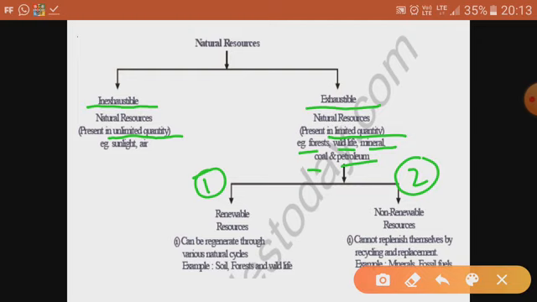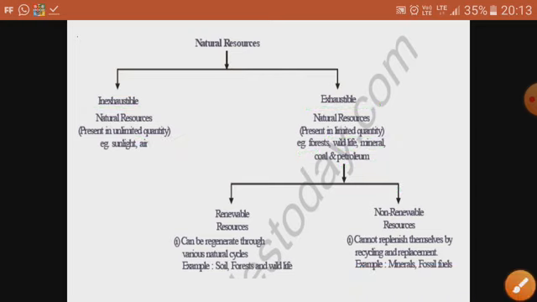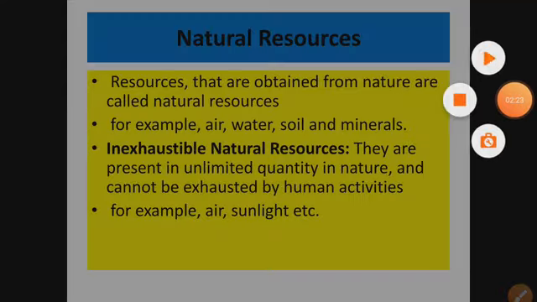Minerals and fossil fuels come under this category. Under fossil fuels, we have to study three fossil fuels, namely coal, petroleum and natural gas. So this flowchart is going to be a great help for all of us to understand the different types of natural resources, or the classification of natural resources.